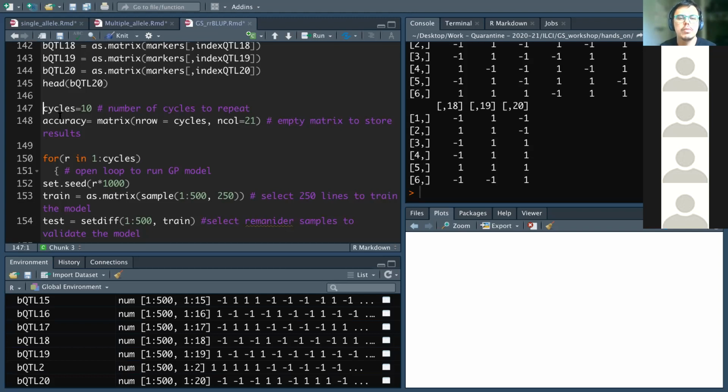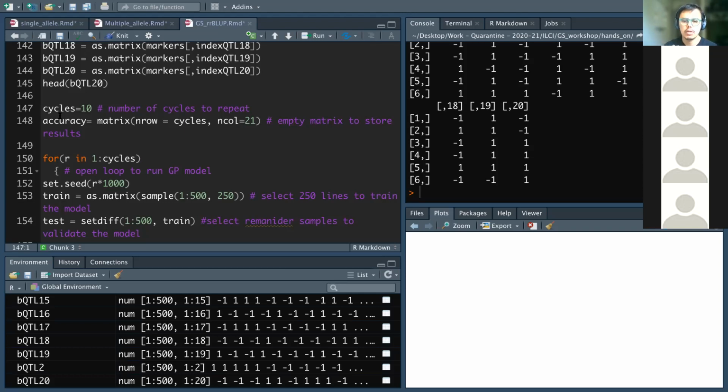And that is because we try to estimate the allele effects in the population, which is gonna depend on the training population. So what we are gonna do is select randomly some percentage of the population, use that as training population, and predict the phenotype in the remainder individuals in the population.